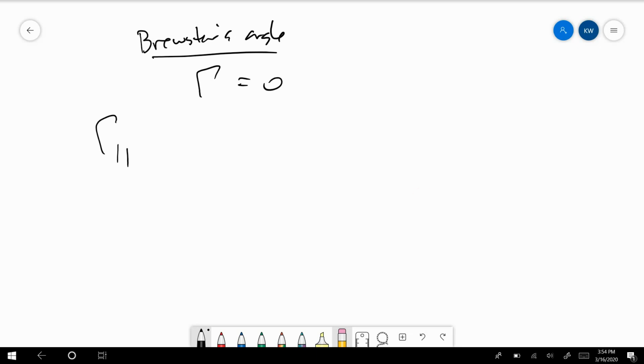Now we are on 8.31. This is a Brewster angle problem. So the Brewster's angle occurs when gamma is equal to 0. Now for parallel polarization, that means the numerator of the reflection coefficient has to be 0, which means that we have eta 2 cosine theta transmitted is equal to eta 1 cosine theta incident.